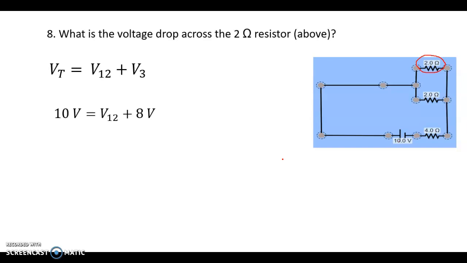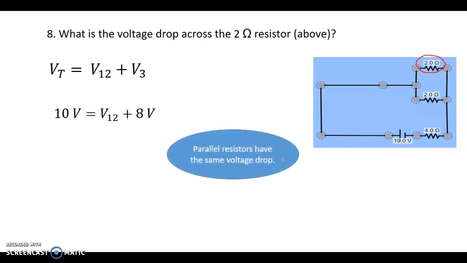Subtract 8 volts from each side, and you will get 2 volts. So V12 equals 2 volts.